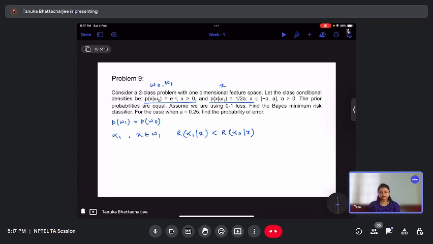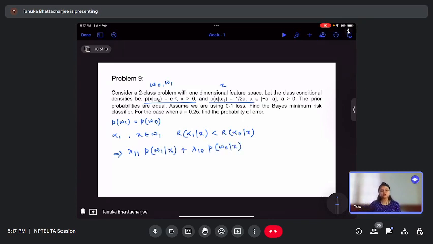Now, as you know the expressions, we can simply put the values of this risk. So, this will be lambda 1 1 into probability of omega 1 given x plus lambda 1 0 into probability of omega 0 given x.